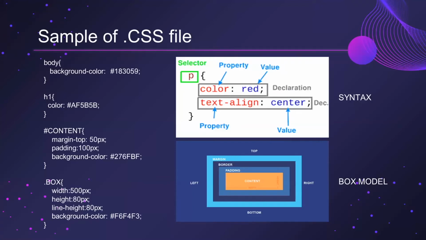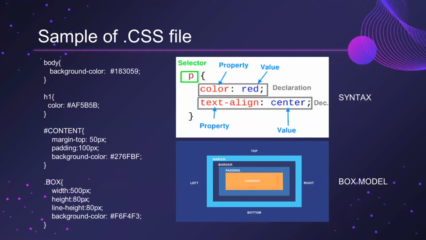If you use padding, say 20 pixels or 30 pixels, then the content will move to a location where it is equally 20 pixels from all the directions for that model.